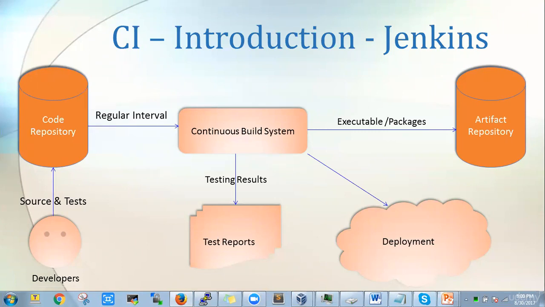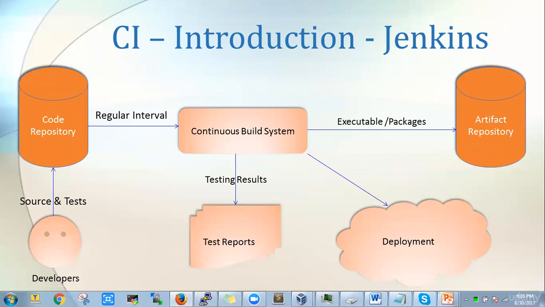Now let us focus on the whole architecture of CI, that is continuous integration. So we have the code repository. The code repository can be anything like Git, where my developers can work and place their code. Why do we use Git? Git is a version control tool. So I have multiple branches where my developers are working.